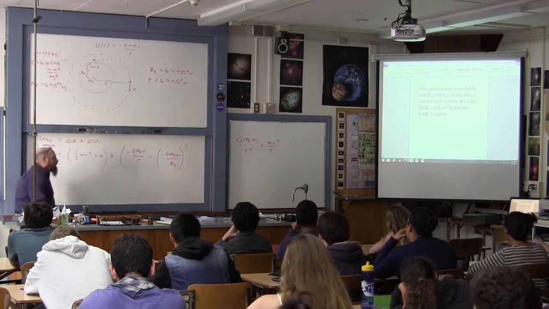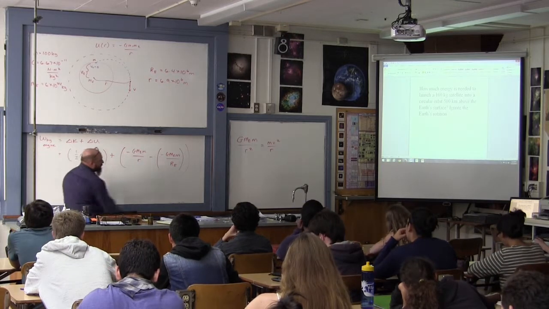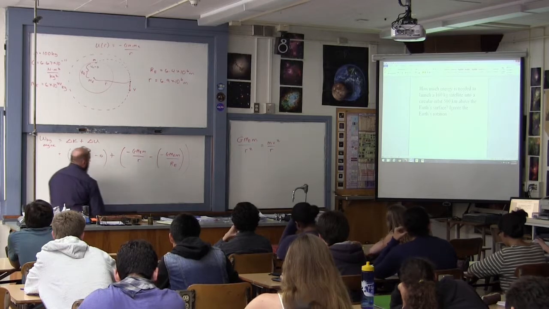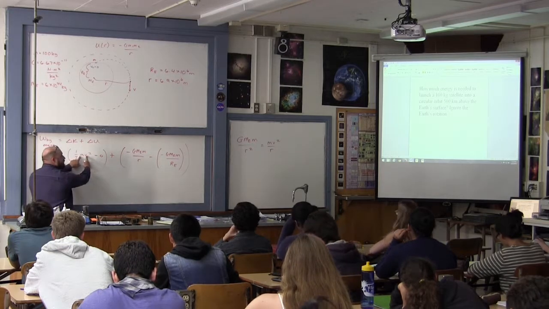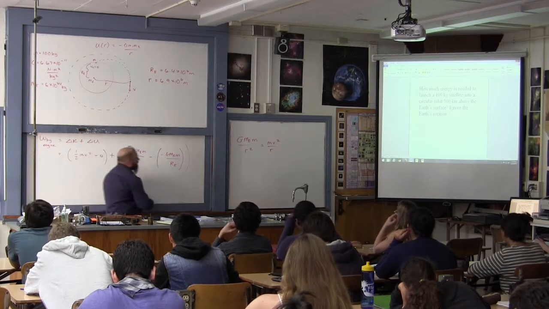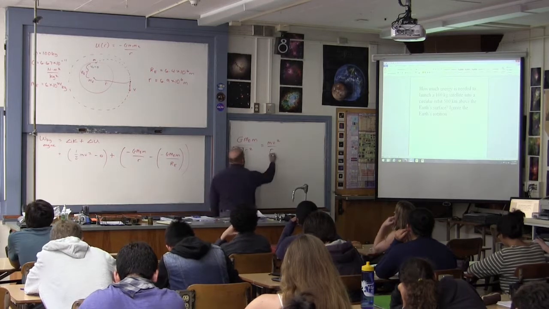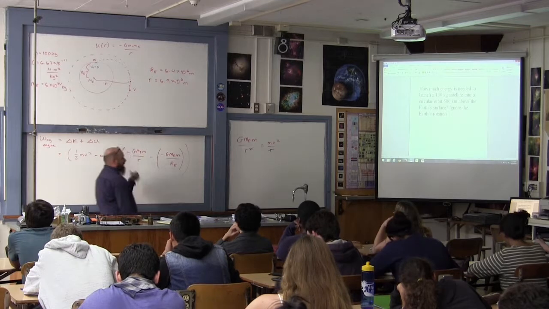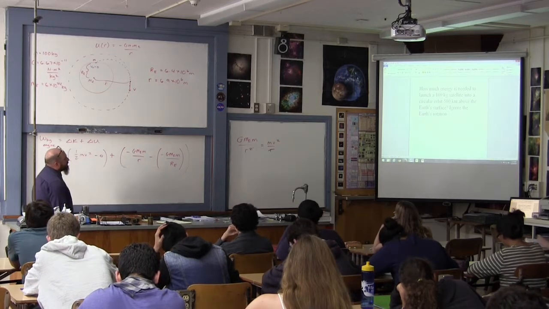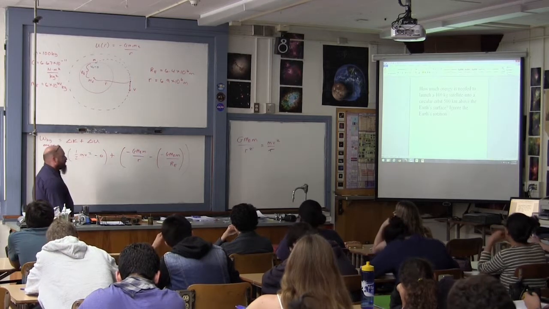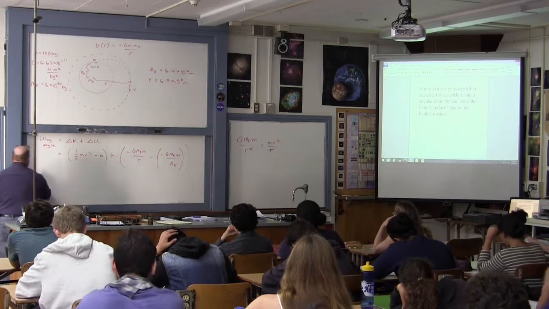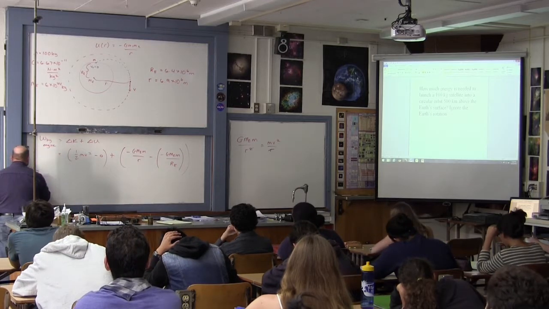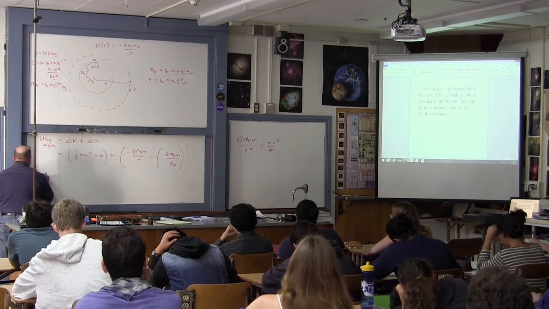Algebraically, the easiest way to do this is to take that expression and solve it for mv squared, and then just stick it here. So I'm just going to cancel an r from each side, but I'm not going to bother canceling mass because I need it here anyway. And now I'm going to take that expression for mv squared and plug it right here. So let's see what we get as I calculate the work done by the engine.